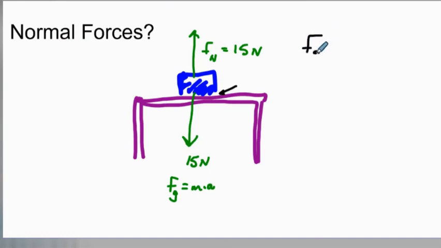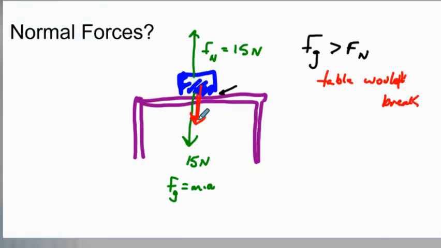What would happen if the force of gravity was greater than the normal force? Well, if that was the case, then the table would break. Okay? Because this is pulling down so hard that the table cannot support its weight. And so, therefore, the table would break.